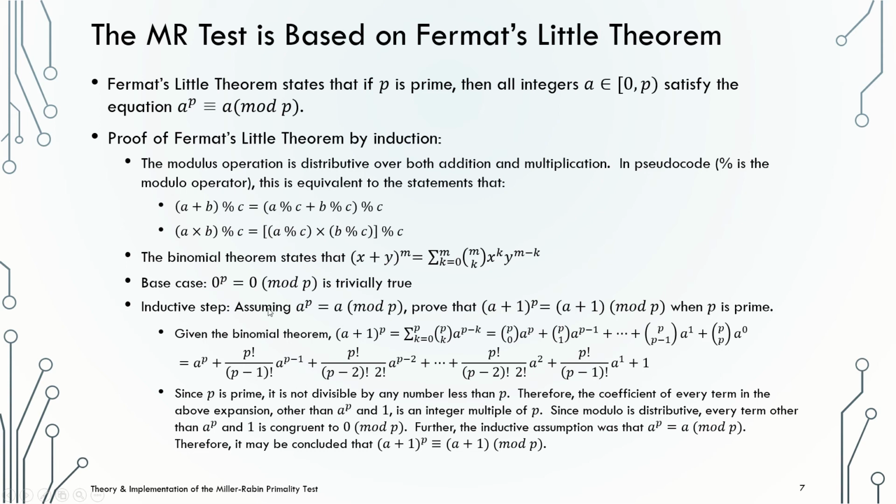Finally, we notice that the inductive assumption was that a to the p is a mod p, and therefore this entire equation simply becomes a plus 1 mod p, which is exactly what we wanted to prove: that (a + 1) raised to the power p is congruent to a + 1 mod p, and therefore Fermat's little theorem always holds when p is prime.